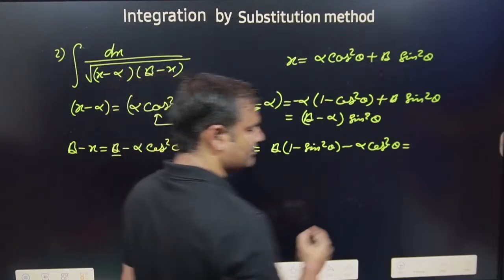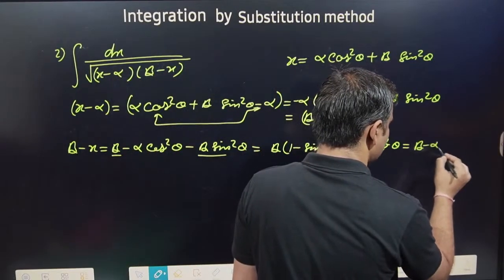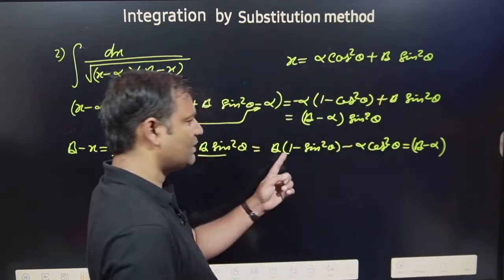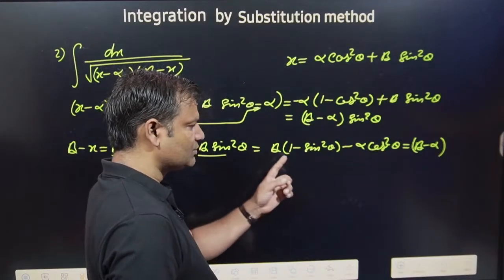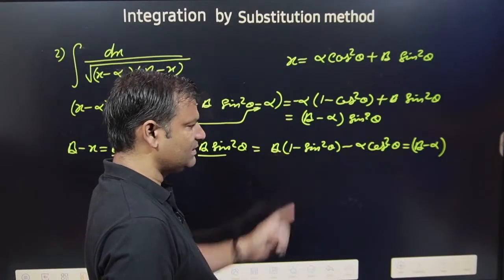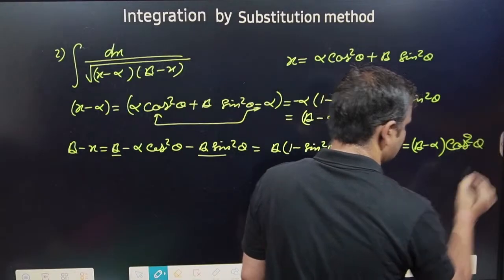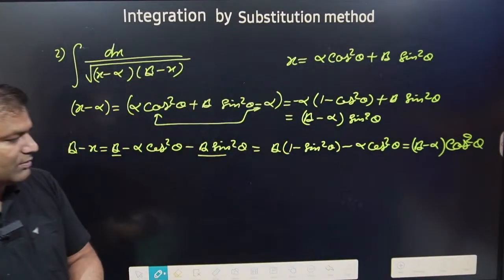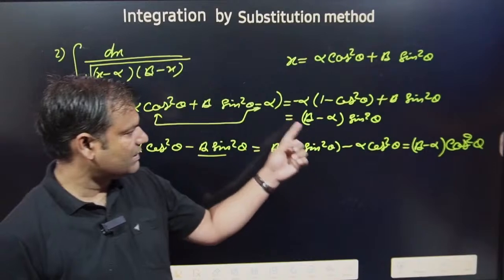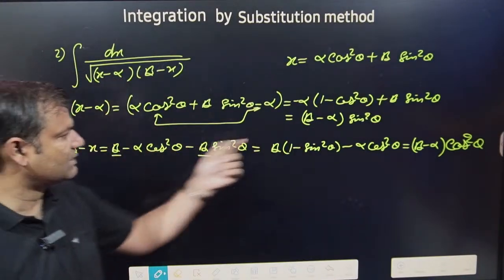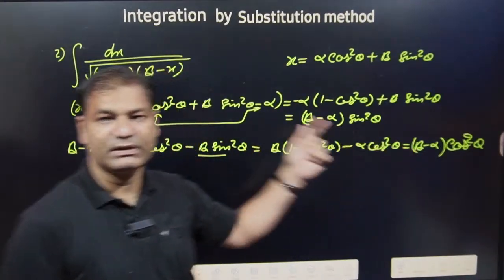Beta minus alpha is common, so we get beta minus alpha into cos square theta. I hope it is clear. Okay, now replace this one and this one by that one and that one.